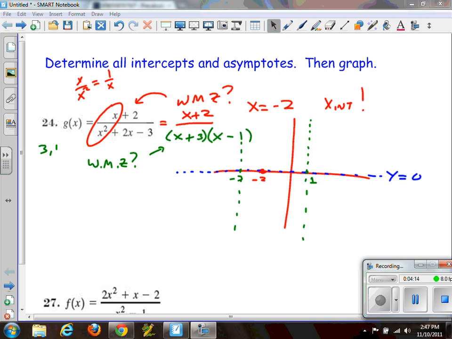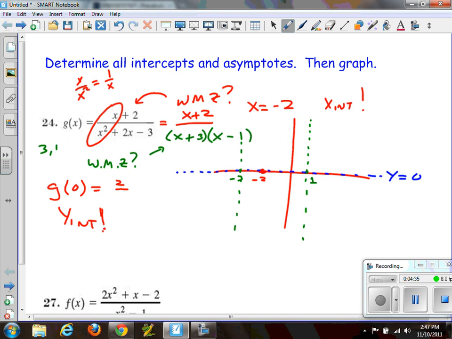Let's see now. I've got the horizontal, I've got the vertical, I've got the x-intercept, and the y-intercept. Plug and chug 0. So we want to know what g of 0 is to get the y-intercept. This will get me the y-intercept. Okay? And so if I plug in 0, 0, 0, you can see it. It's 2 over -3, so I'll call that -2/3.